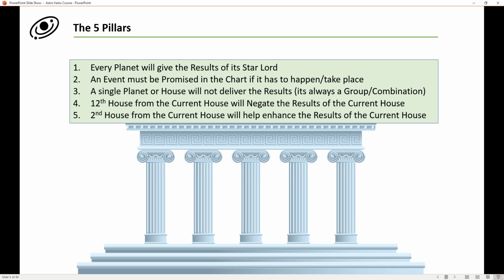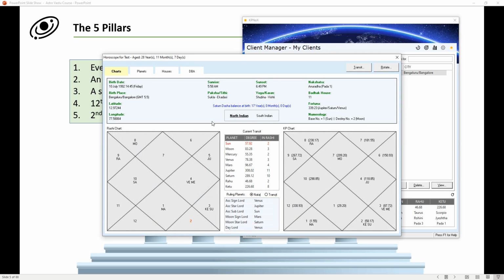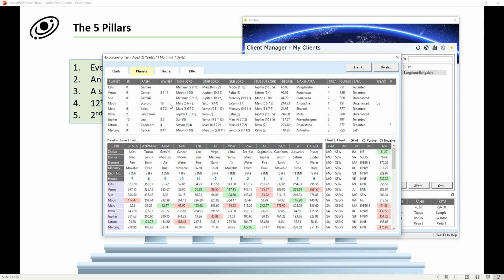Rule number 1 says every planet will give the results of its star lord. Now what exactly does this mean? I have a sample chart here. Let's take a look at the chart. If I talk about Mars as a planet, Mars will always give the results of its star lord.